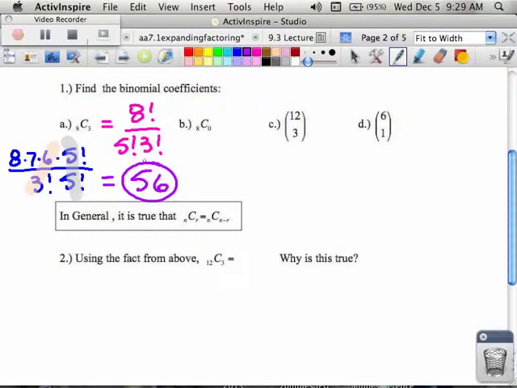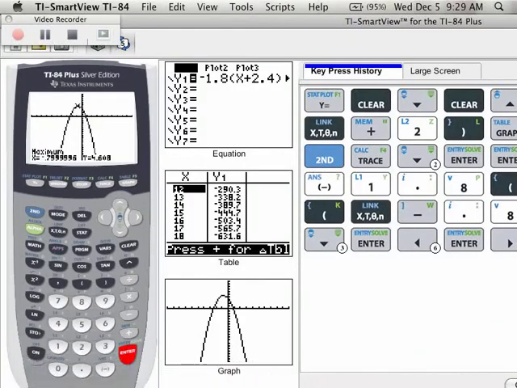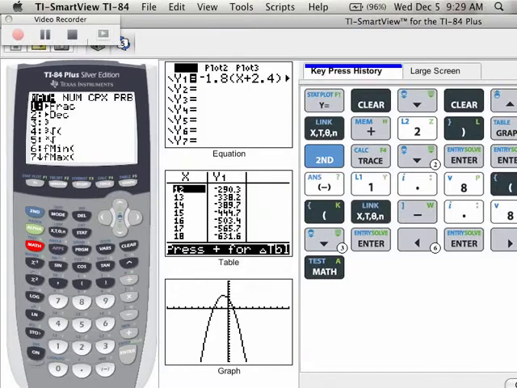So now what I'd like you to do is watch as I do this on the calculator, because really this is the way you probably should always do this unless required to use it on a non-calculator part. So put your calculators down, put your pencils down, take a look. 8C3. On my calculator, I will type in an 8, then I will go to math, and then I will go to PRB, which stands for probability.